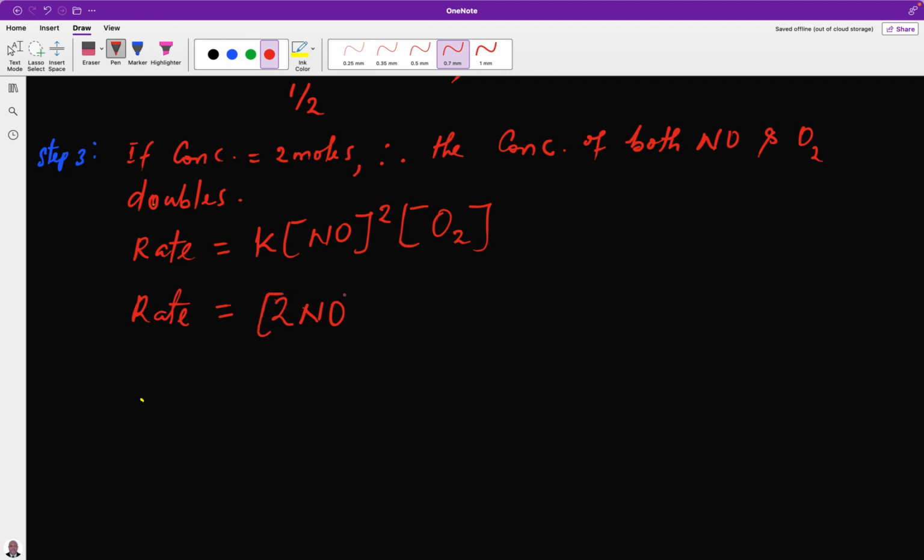Raised to 2, which is the order of reaction with respect to NO, which is 2.